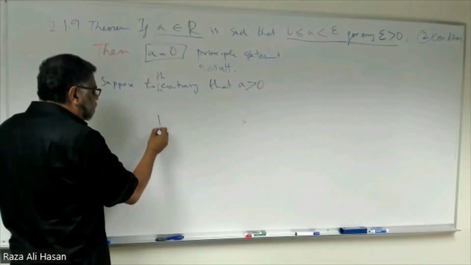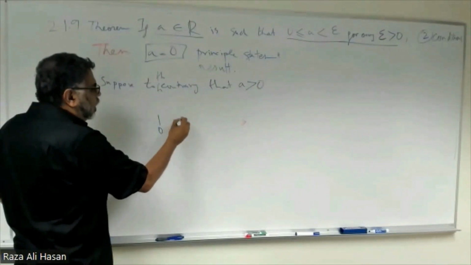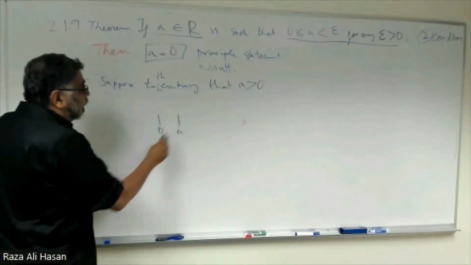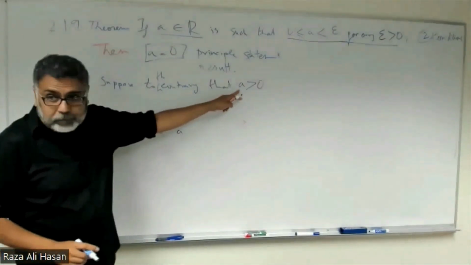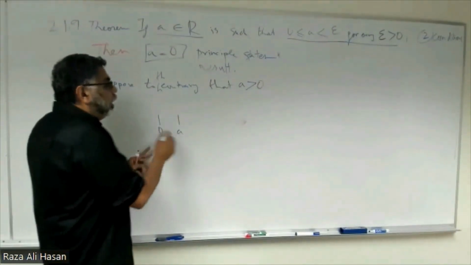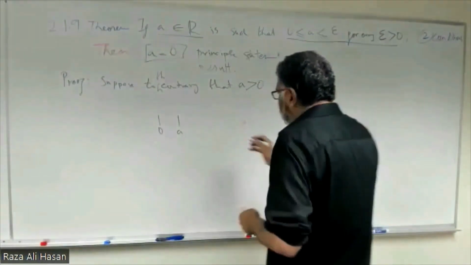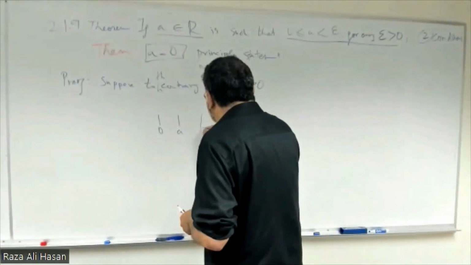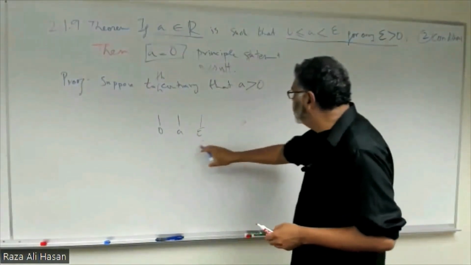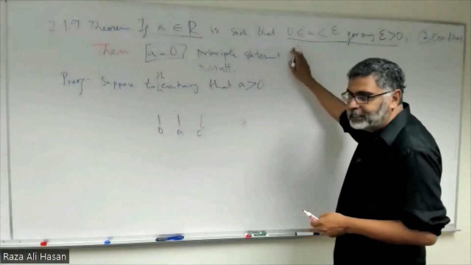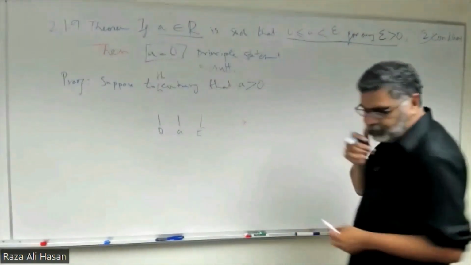We have A, which is to the right of 0, and all of these are smaller than epsilon. A is smaller than epsilon, so it's kind of like that, right?